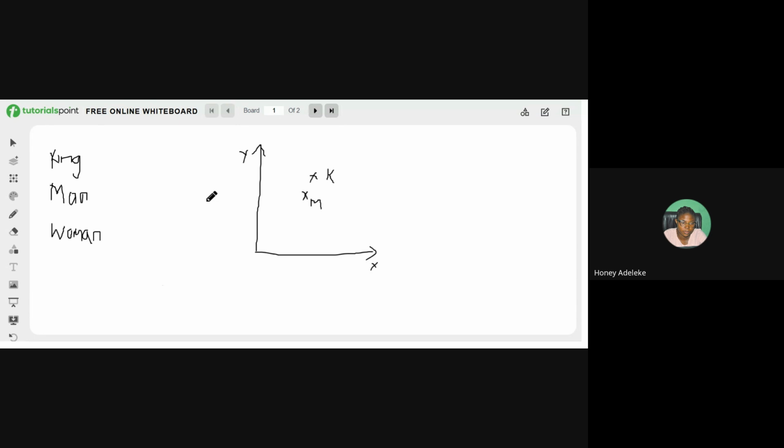So maybe the woman will be negative, if we are talking about gender. Now, you see what I'm trying to draw. What we have right now is a vector space, and we can see how our words are close to each other. If I'm to draw a distance, you will see that man and king are closer than woman and king.